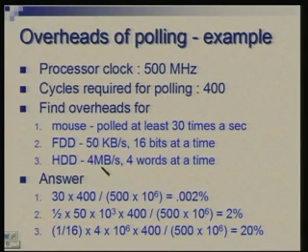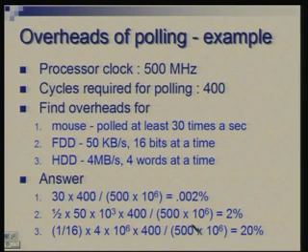Finally, we move to an even faster device, 4 megabytes per second and 4 words at a time. So, this 4 megabyte per second figure is divided by 16 because we are trying to transfer 4 words or 16 bytes at a time, and each time we transfer we spend 400 cycles, divide this by the clock rate, we get a figure of 20%, which is clearly undesirable.